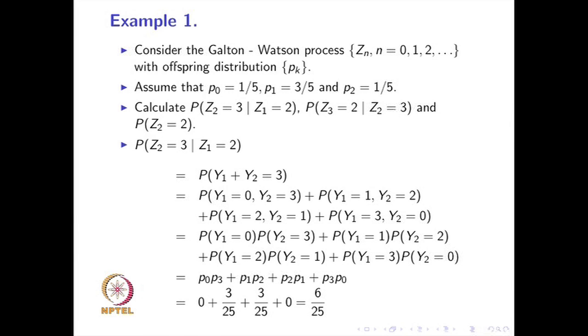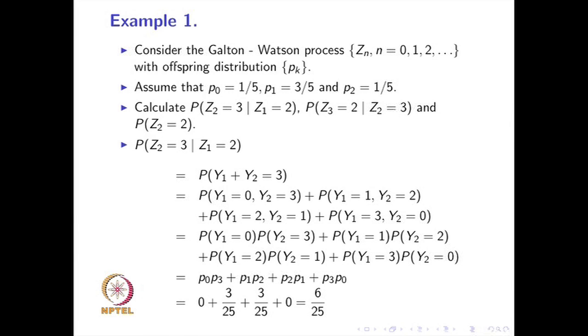So, the conditional probability of Z2 equal to 3 given Z1 equal to 2 is the same as the probability of y1 plus y2 equal to 3. That is possible if either y1 is equal to 0 and y2 is equal to 3, or y1 is equal to 1 and y2 is equal to 2, or y1 is equal to 2 and y2 is equal to 1, or y1 is equal to 3 and y2 is equal to 0.